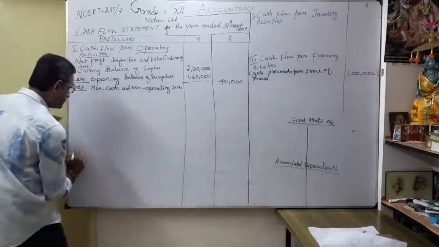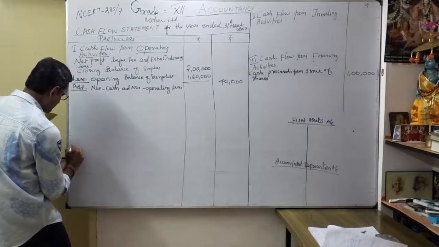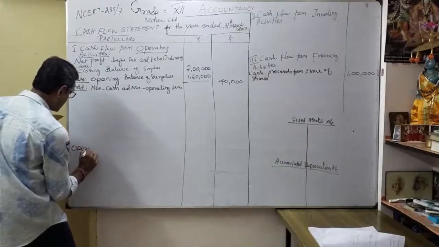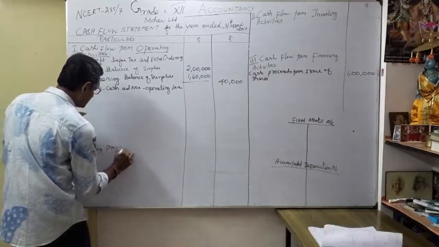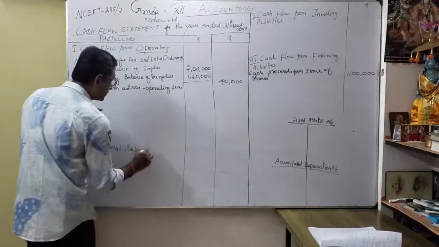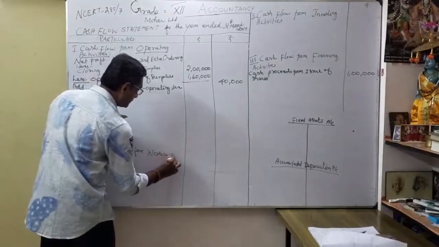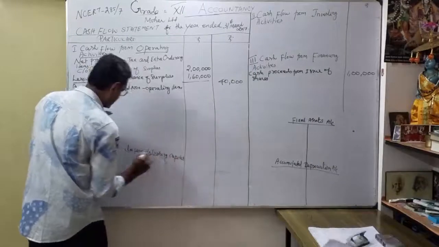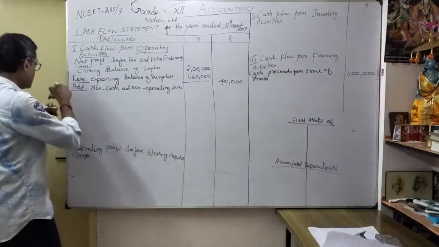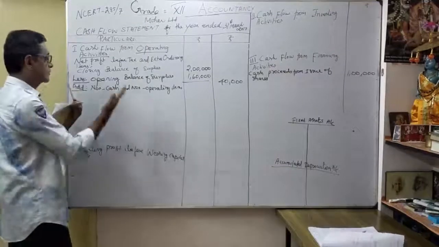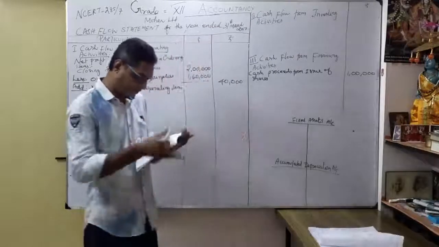Similarly here we are going to get operating profit before working capital changes. That is what we get after adding and deducting whatever our non-cash items and then non-operating items.